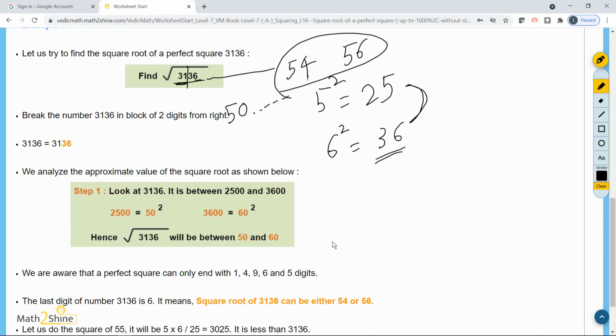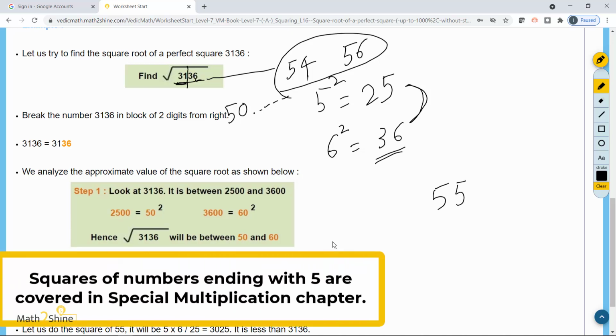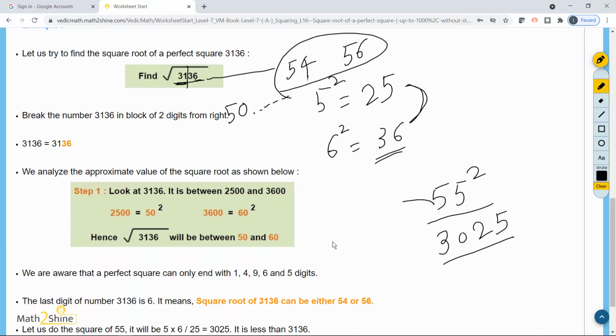In our special multiplication, we know that for any number ending with 5, say for example 55 square, I know what it is very easily. I can say it is 3025. How do I say it? Because I multiply the first digit with the next number, it gives me the first part, and the second part is the square of 5. So 3025.